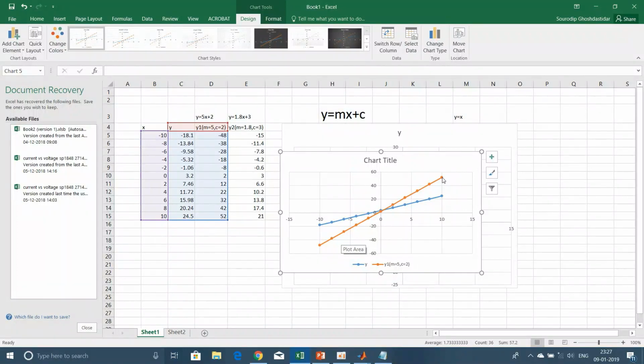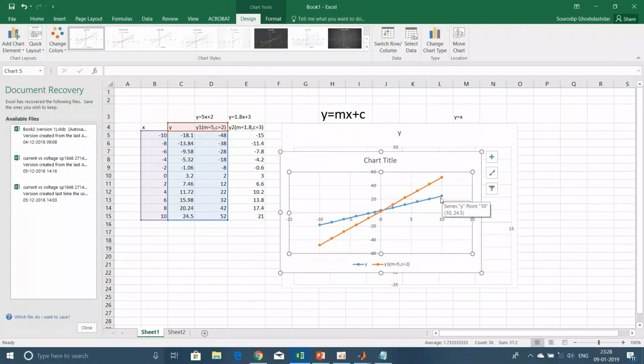So as you can see, at almost every point in x, there's a considerable difference between the experimental data point, which is in blue, and the predicted data points, which is in red. So at x is equal to 10, the experimental data is around 24.5.